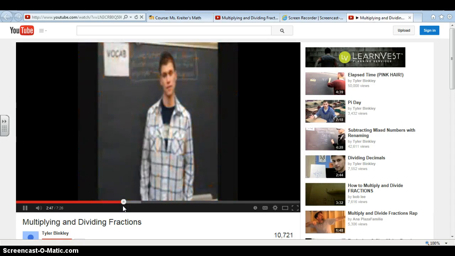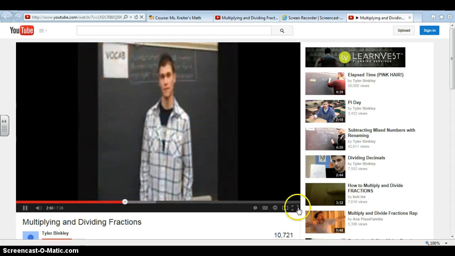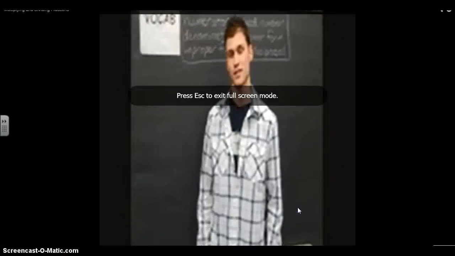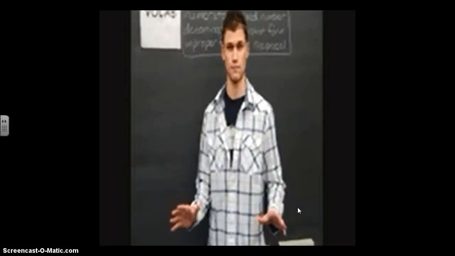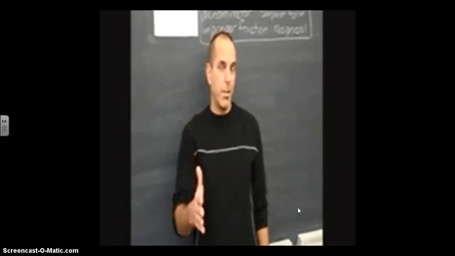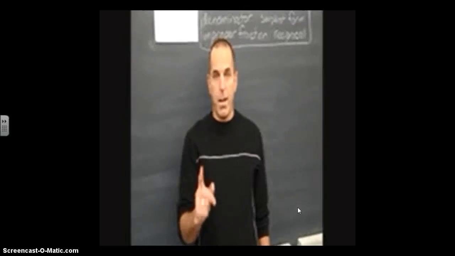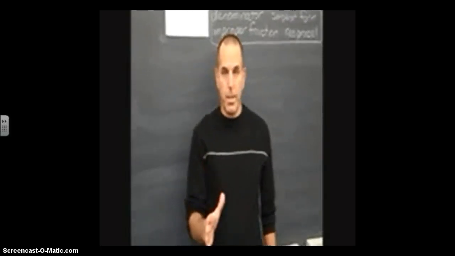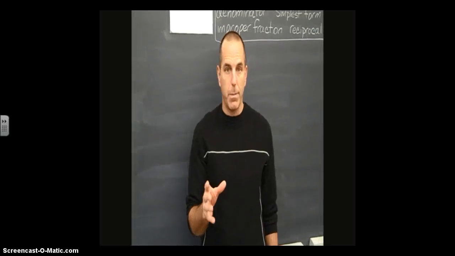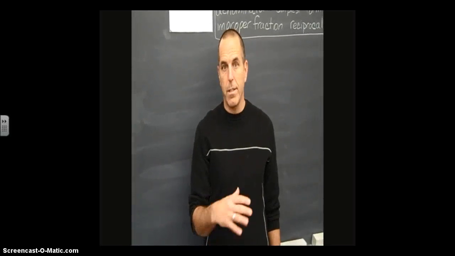First thing you got to remember when you're multiplying or dividing fractions and mixed numbers is to make sure you have all fractions. Mr. Binkley already told you that step 1 is to turn every number in the problem into a fraction. Step 2 is to check your sign. If the problem is multiplication, then you can proceed to step 3.